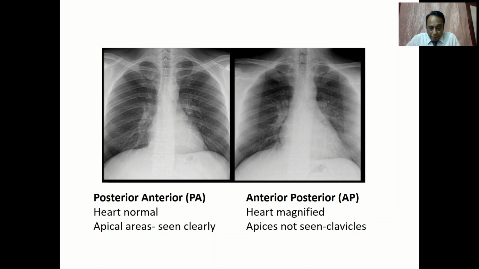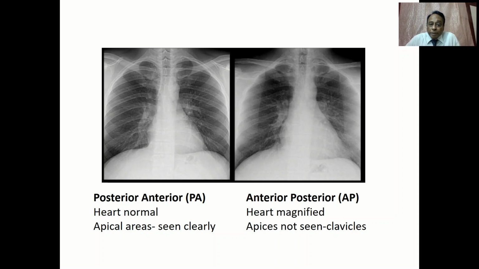Whereas in AP view, the heart is magnified and the apices, which are always seen above the clavicle, are not seen properly here. Sometimes in a child of 6 or 7 years, we may take either PA view or AP view, but you should know how to differentiate between the AP and PA view.